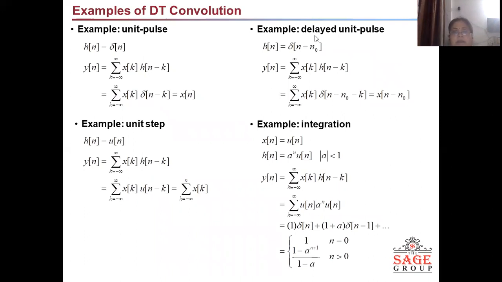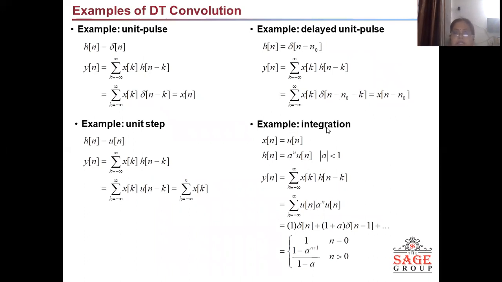Likewise, we have taken the example of the delayed unit impulse function. Here we have taken x[k] into h[n-k], and now this h[n] we have taken as the impulse. So we have put the value of h[n] as delta[n - n0 - k].